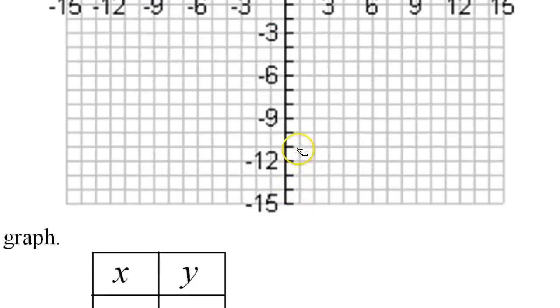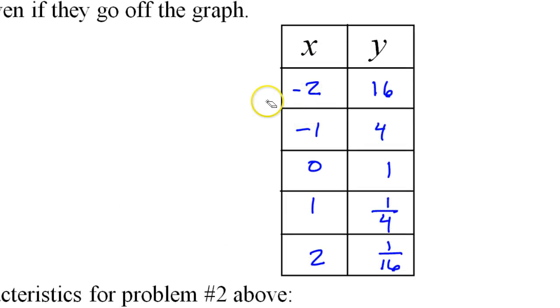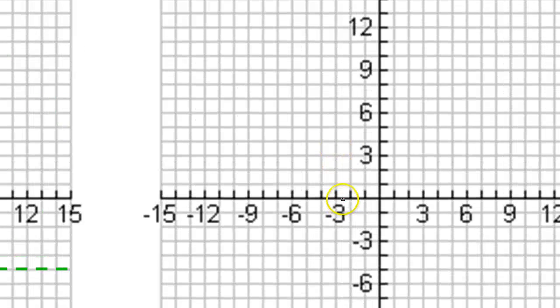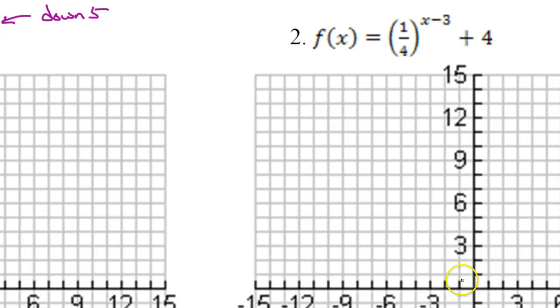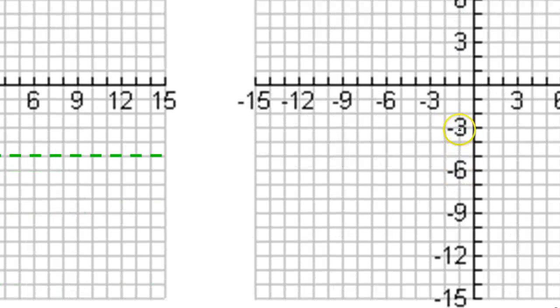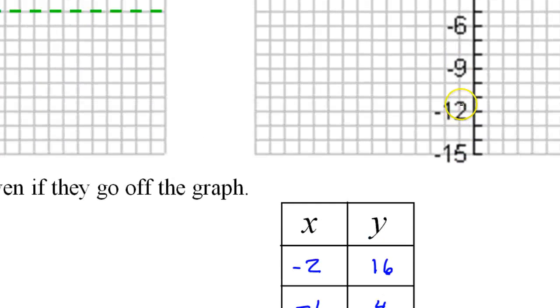So let's go ahead and graph these points as our skeleton right now. So we have -2, 16. Alright, so here's -2 and 16, will be right about here. And then -1, 4.